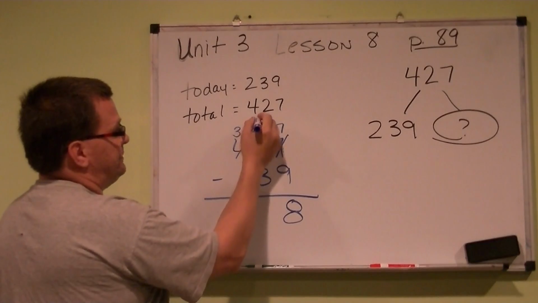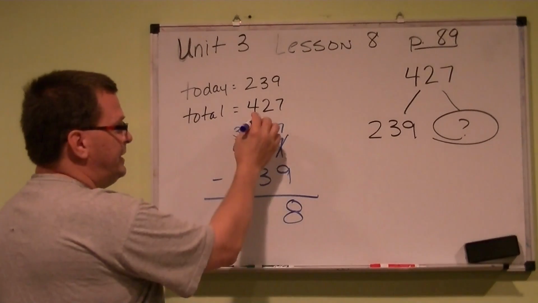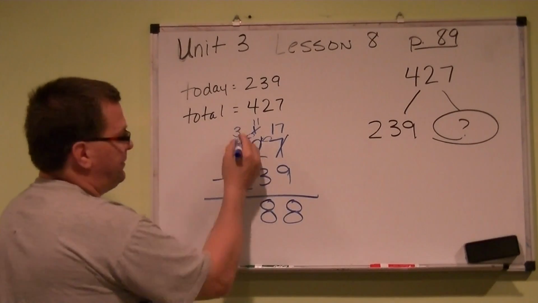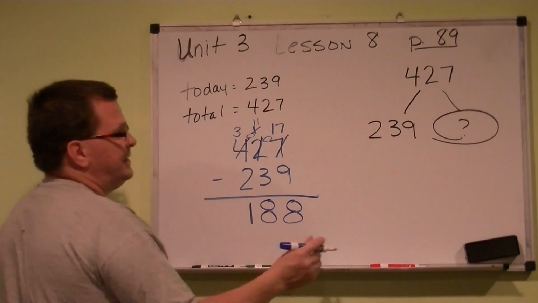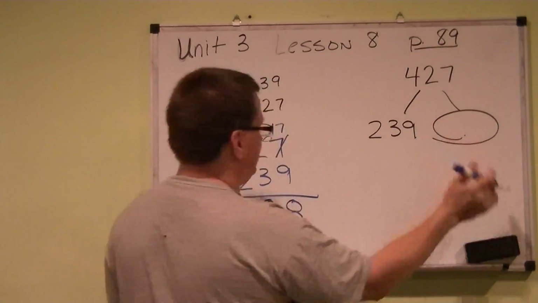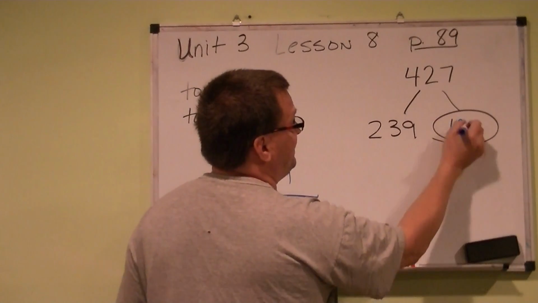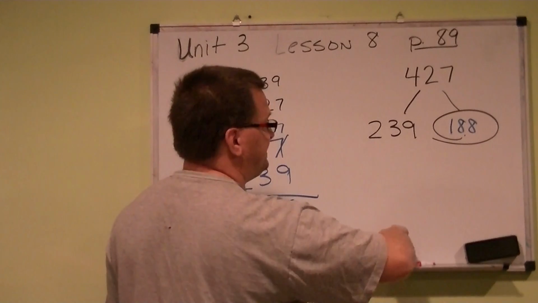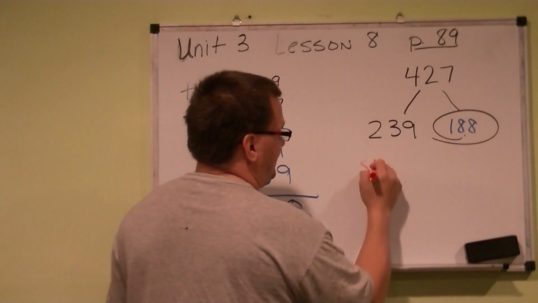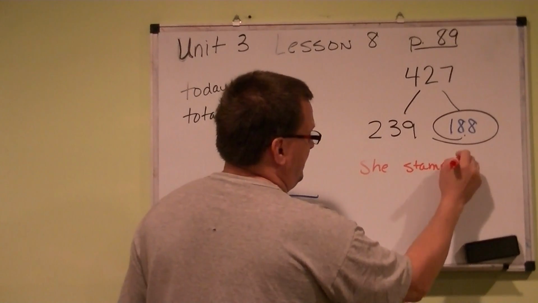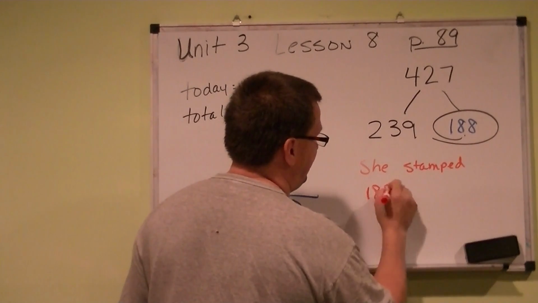That'll change into 11 because we're adding 10 to it. 11 minus 3, again, is an 8. 3 minus 2 would be a 1. So now we can take our question mark out and put 188 there. So now we can rephrase our saying, she stamped 188 yesterday.